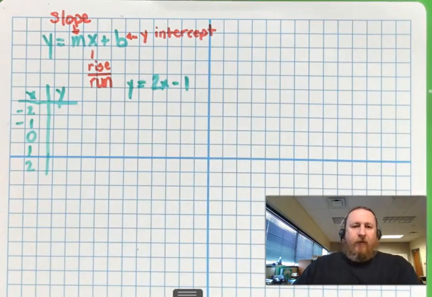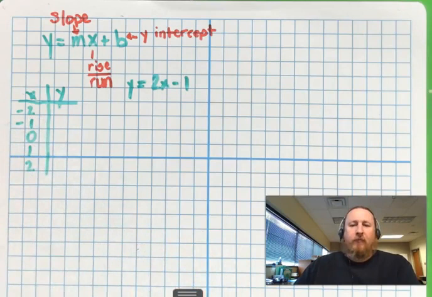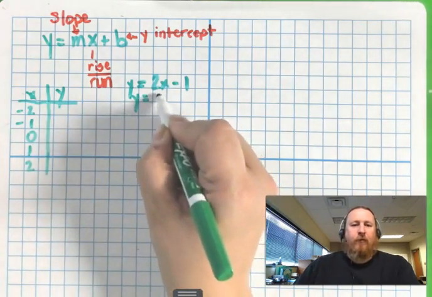Our next equation is y equals 2x minus 1. We are still going to use the same set of values for x, -2, -1, 0, 1, and 2. So we're going to plug those into the equation and solve for y. So y equals 2 times -2 minus 1.